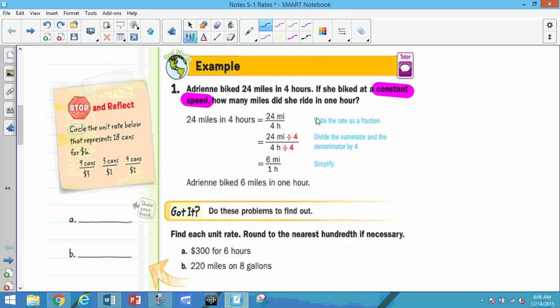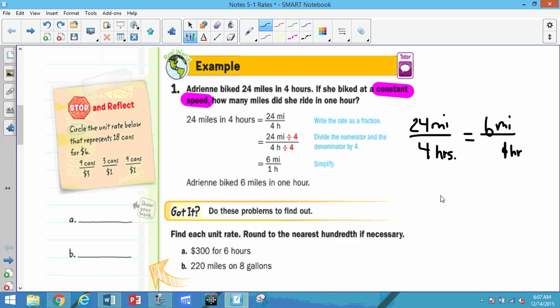On your paper, I would want to see the 24, and you must label it because you need to attend to precision, and we need to know what your two labels are. Over 4 hours. I'm not going to expect you to show this divided by 4, but I do expect you to see the simplified unit rate: 6 miles over 1 hour. That's what I would want to see.